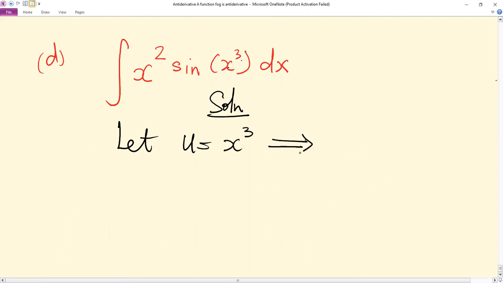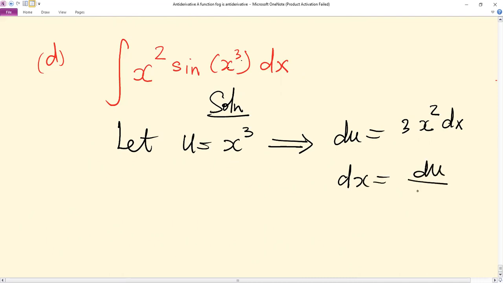So which means du will be 3x squared dx. So which means the dx will be du over 3x squared. Simply divide through by 3x squared.